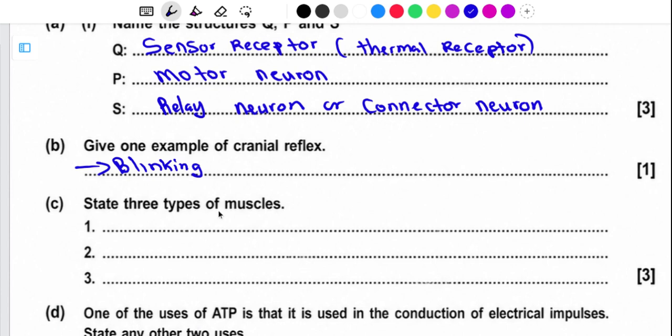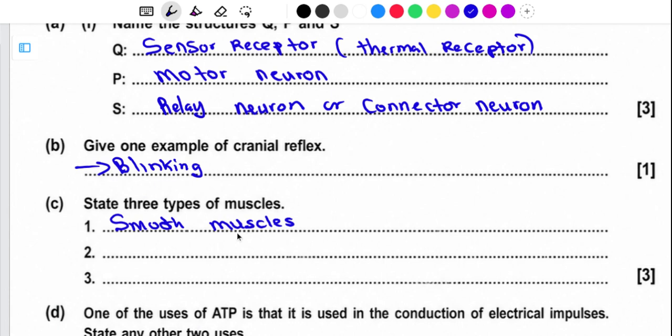Then state three types of muscles. So of course here there are three types of muscles. So we have what we call the smooth muscles. So these smooth muscles, they are mostly found in the lining of organs.